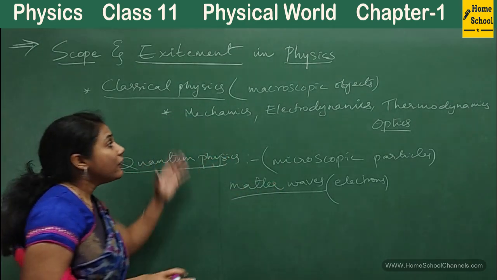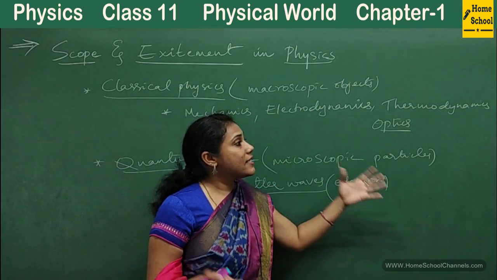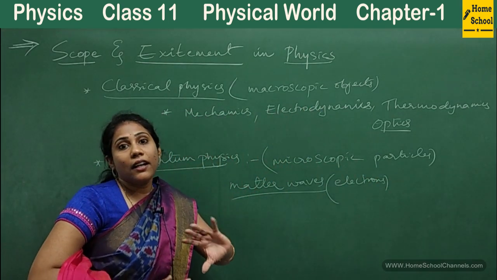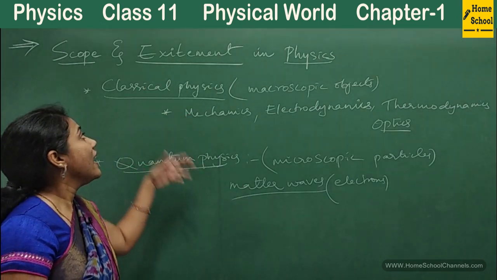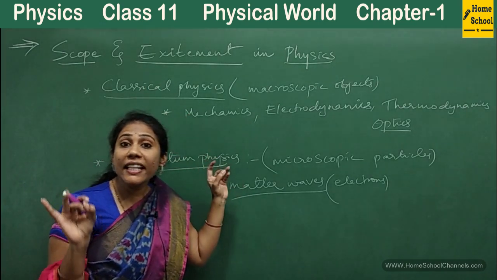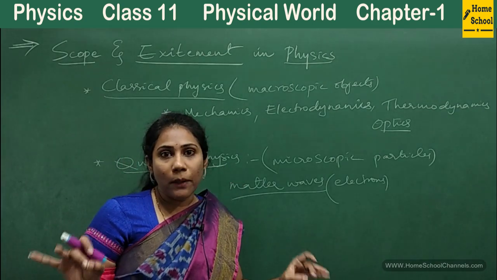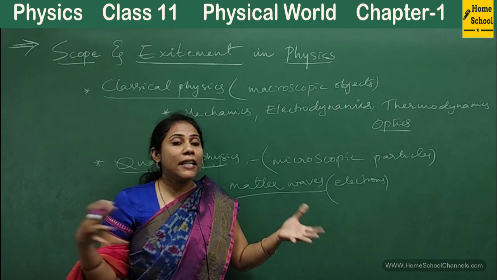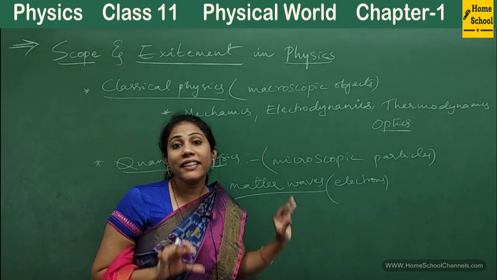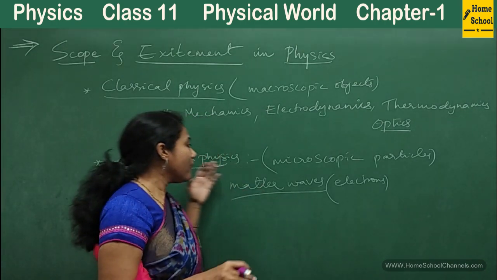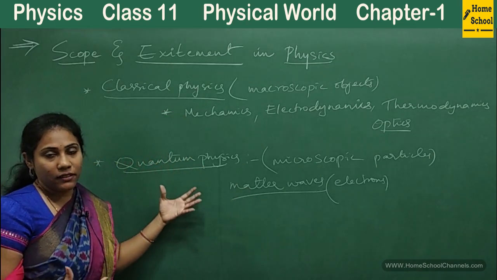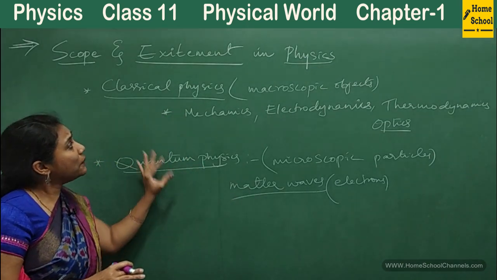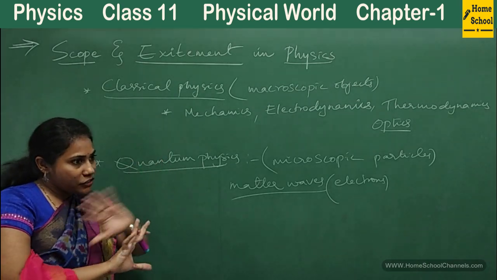This way various branches or topics are studied in two different types of physics, classical physics and quantum physics. Classical physics is a very conventional topic. From olden times onwards, we are following classical physics, and quantum physics is a recently evolved physics. Both are just opposite.